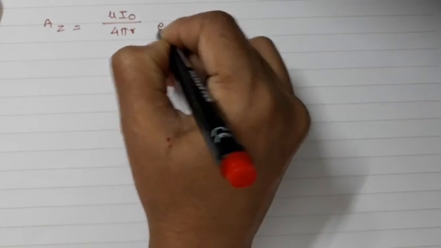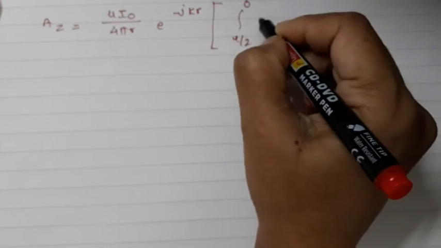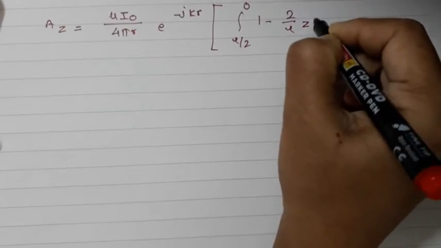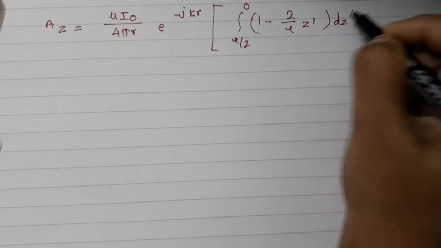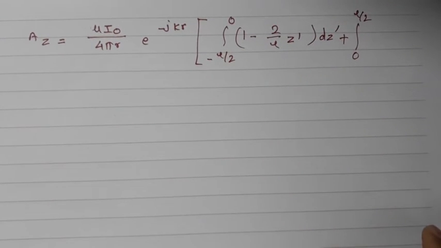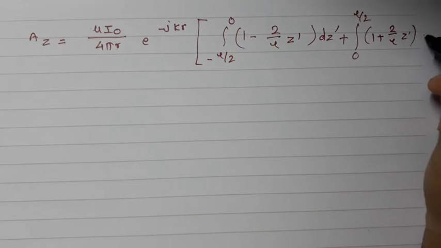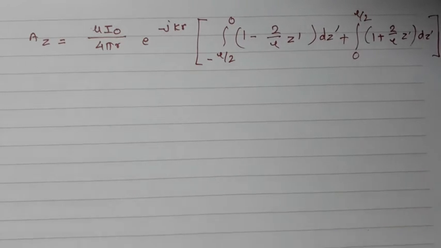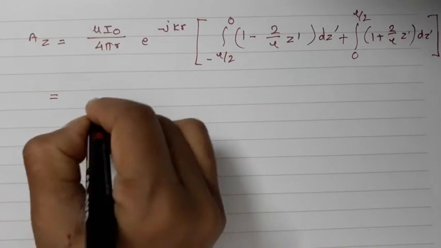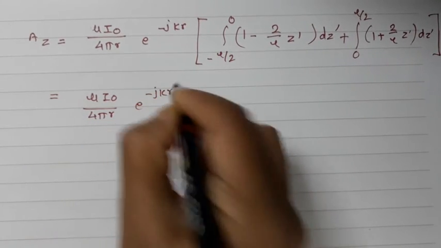Az is equal to mu I0 by 4 pi r e raised to minus jkr, the integral from minus L by 2 to 0 of (1 minus 2 by L z dash) dz dash, plus the integral from 0 to L by 2 of (1 plus 2 by L z dash) dz dash. So solving it further, I'll write mu I0 by 4 pi r e raised to minus jkr.